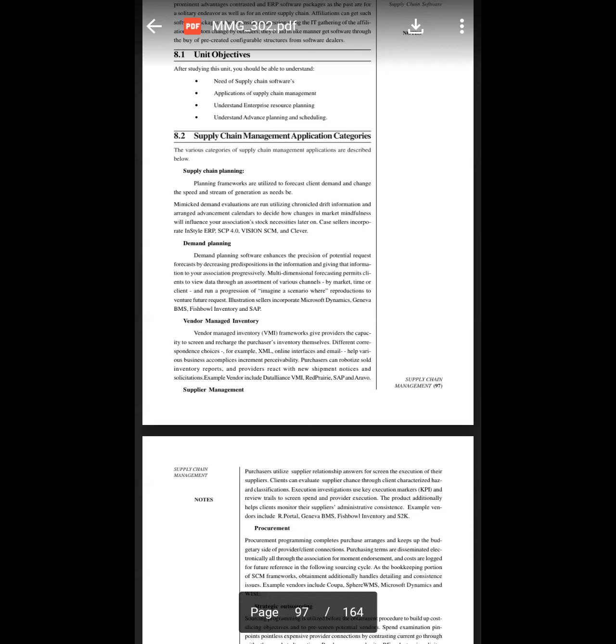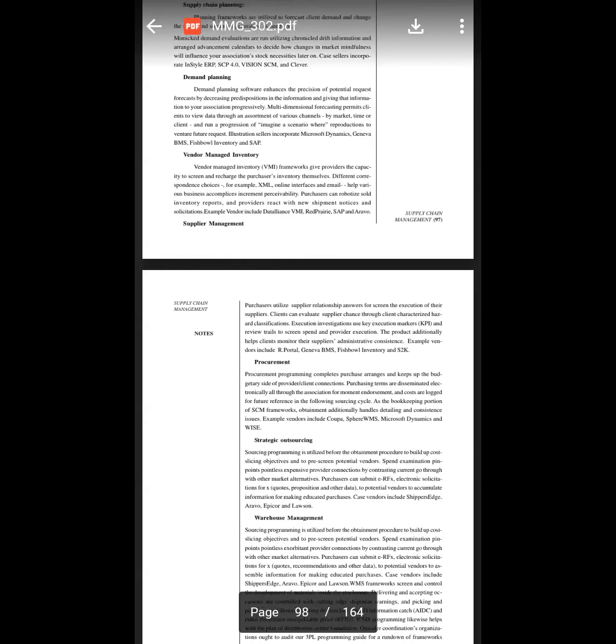Then vendor managed inventory, that is called VMI, provides the capacity to monitor and replenish the purchaser's inventory themselves. Vendor managed inventory can be done with the help of email, an online interface, and by having proper equipment management activity.